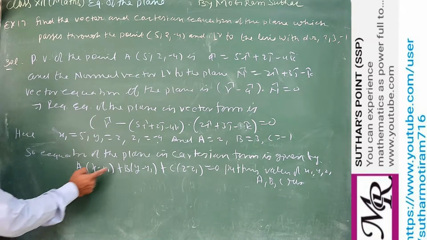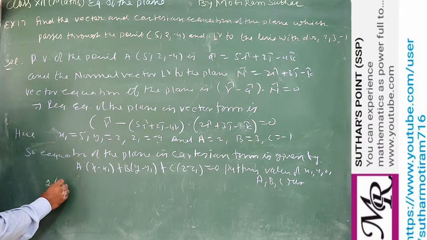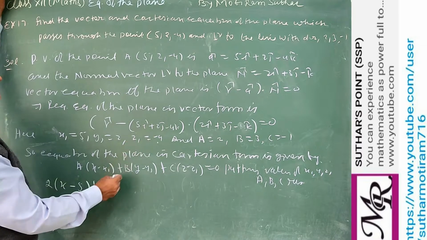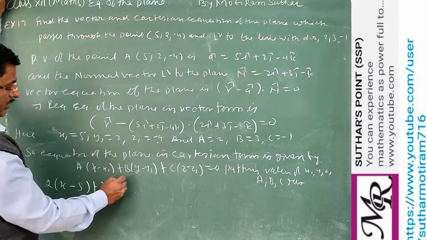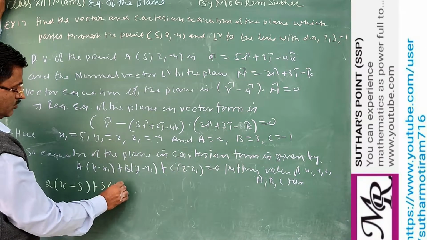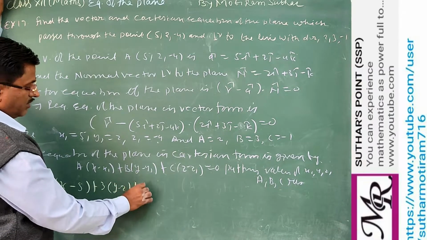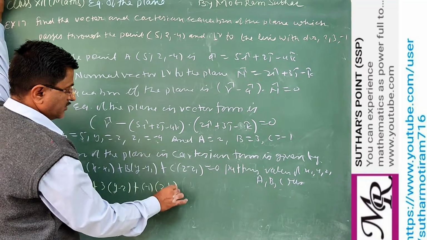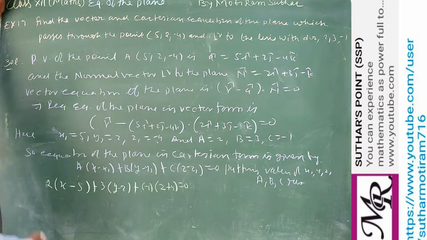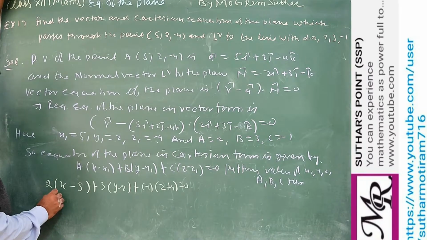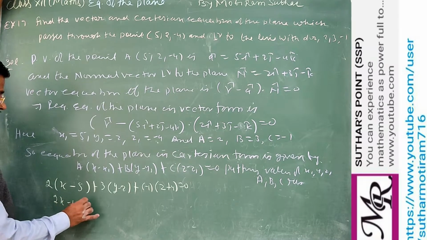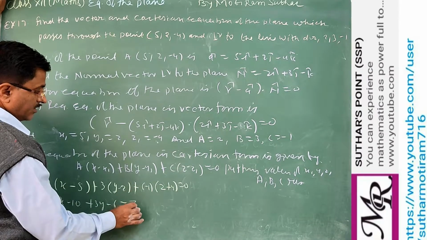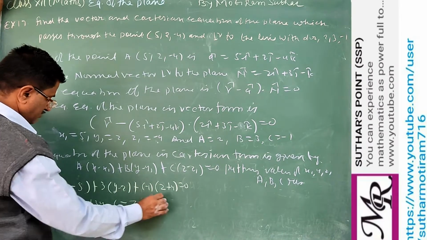So a is 2 into (x minus 5), plus b is 3 into (y minus 2), plus c, that is minus 1, into (z minus z1, that is minus 4) equal to 0. Now you simplify this. So this is 2x minus 10, plus 3y minus 6, minus z minus 4 equal to 0.